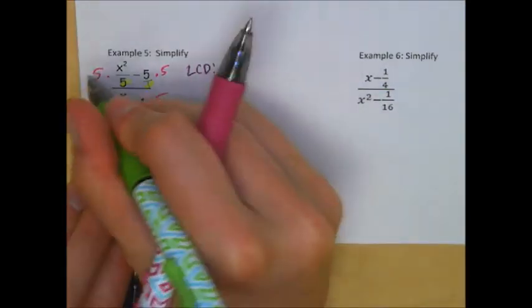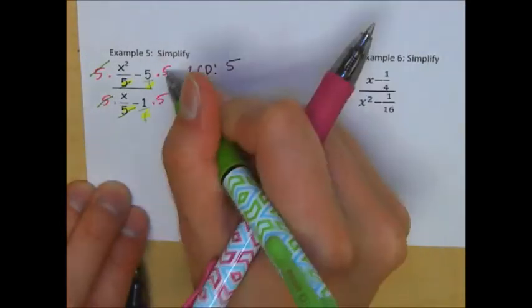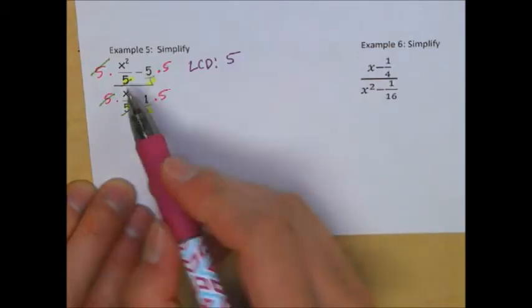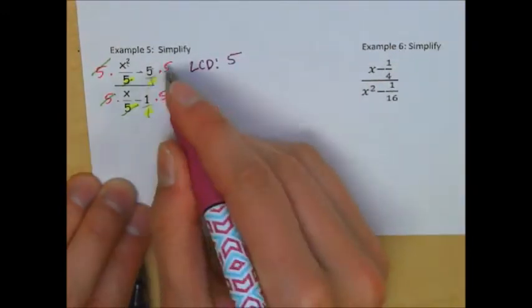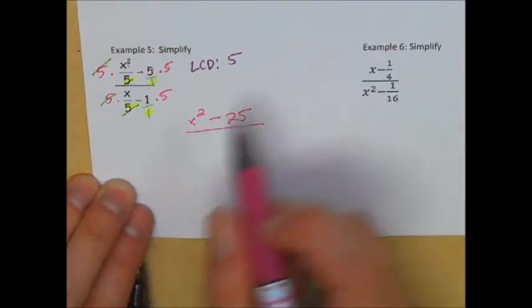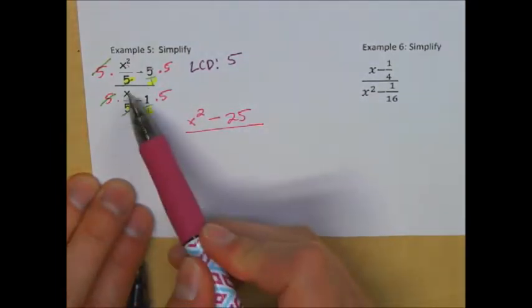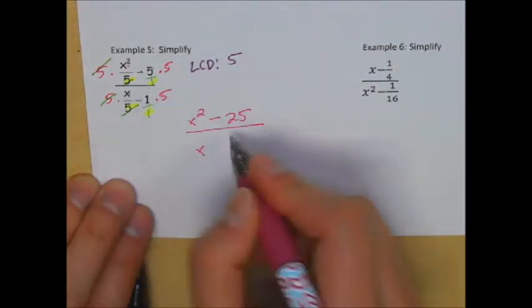So these 5's reduce, these 5's reduce, not there. So here I'm left with x squared minus 5 times 5 is 25 over, this one is an x, 1 times 5, so minus 5.